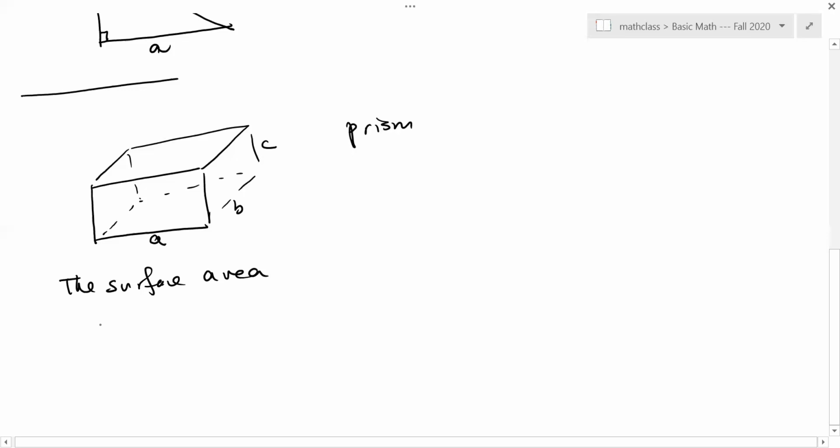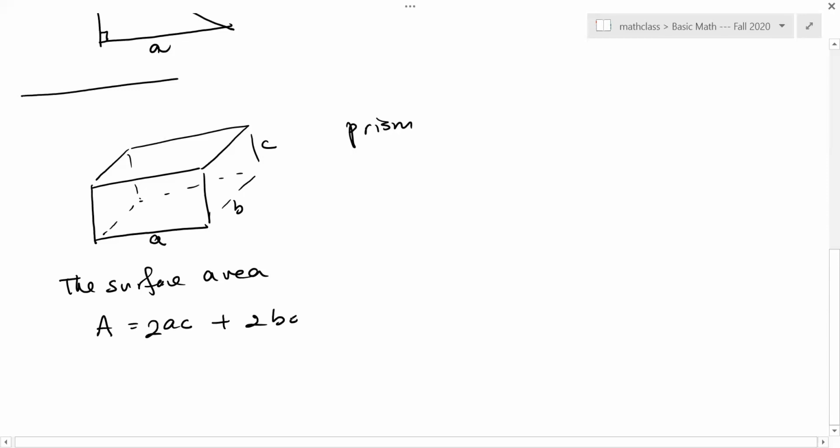So the surface area is the area of the front face, which is AC, and also the one behind, which is identical, so it's twice AC. Then the area of the two sides, where the length is B and the width is C, is 2BC.